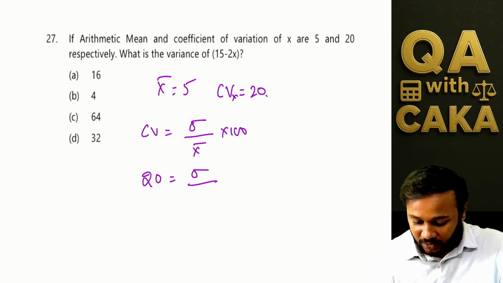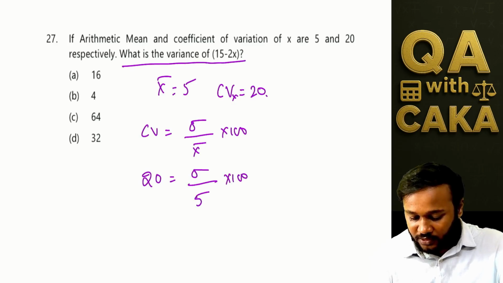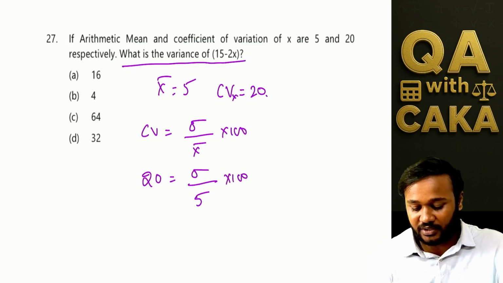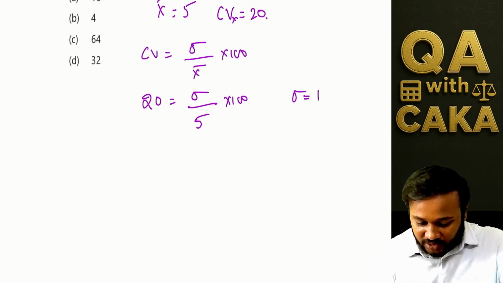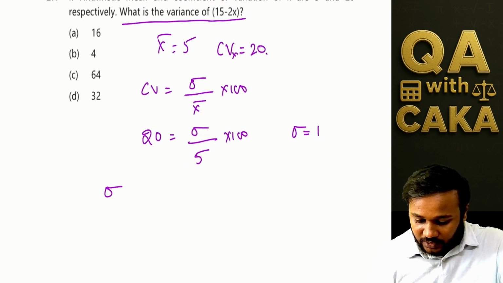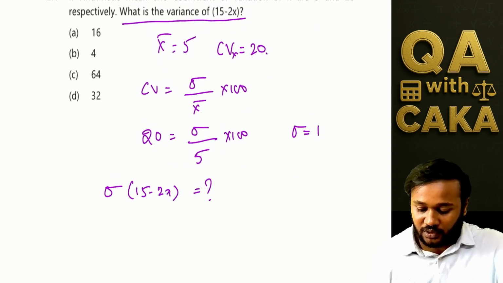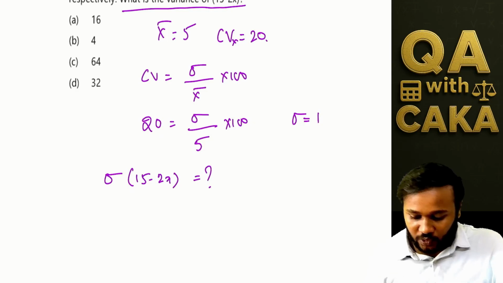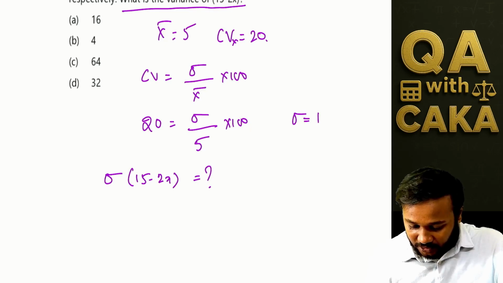As we don't know standard deviation, the question is, what is the variance of 15 minus 2x? So this equation we need. If you see, sir, 5 into 20 is 100, 100 divided by 100. So standard deviation is equal to 1, you will get. Now the important thing is standard deviation of 15 minus 2x. What is this value? Now, sir, if you notice, there is no impact of origin in standard deviation.